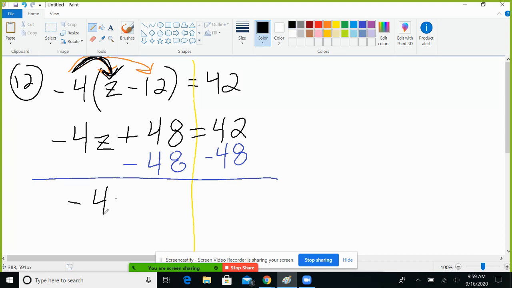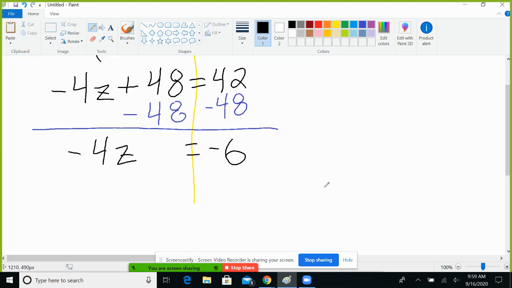Negative 4z equals negative 6. Not add it.